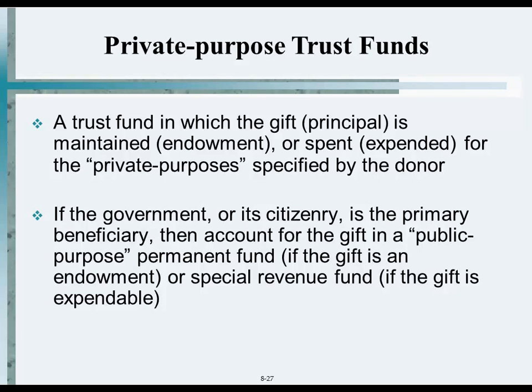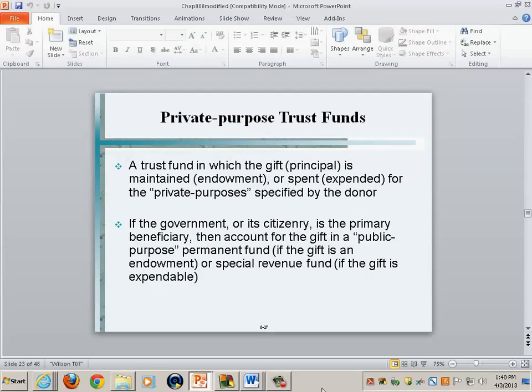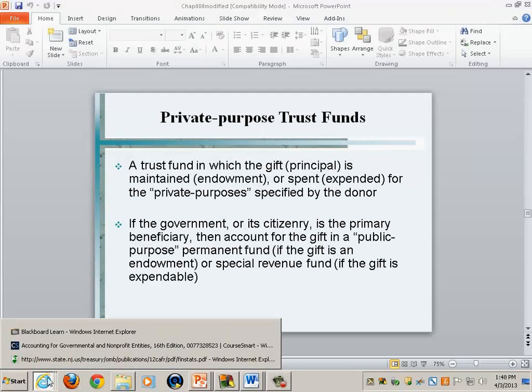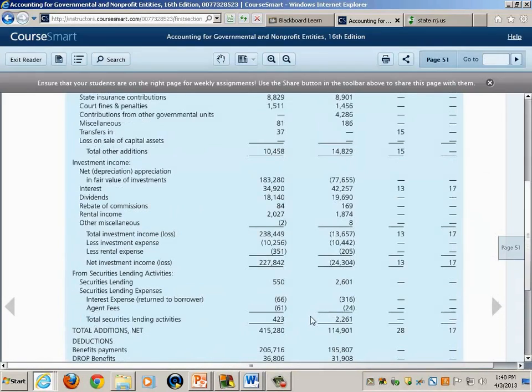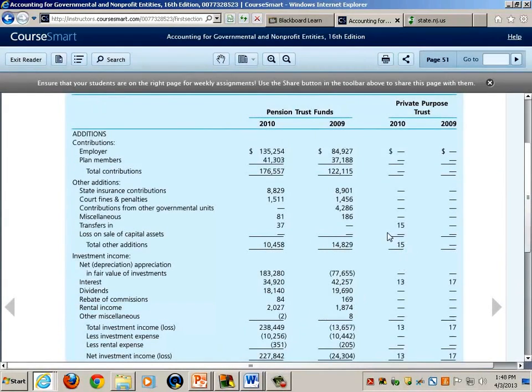All right, and as you will see by the size, there's not a whole lot of money, right? $15,000 in private purpose trust fund. There's not a whole lot of money, so it's one of the smallest things.